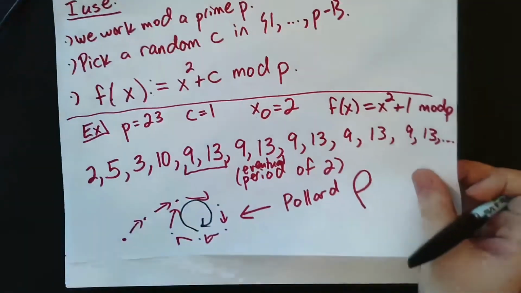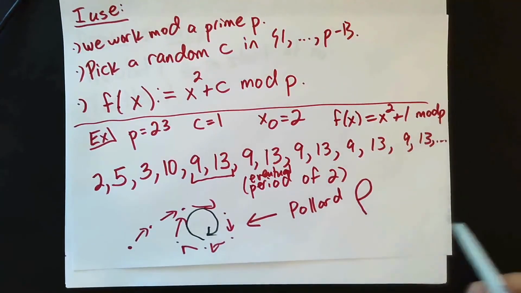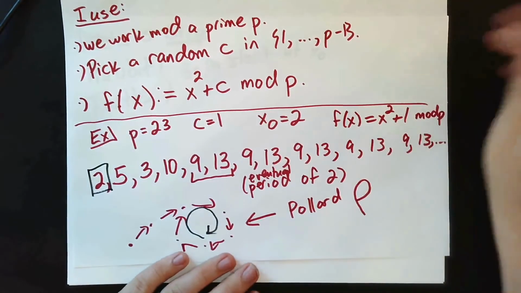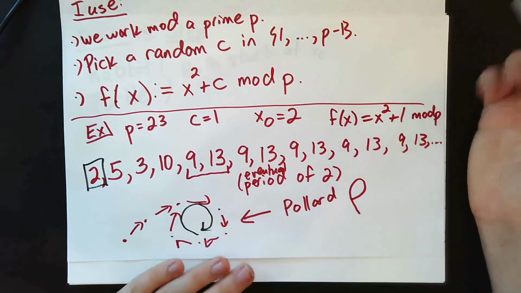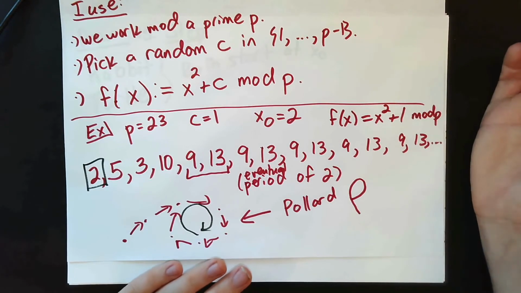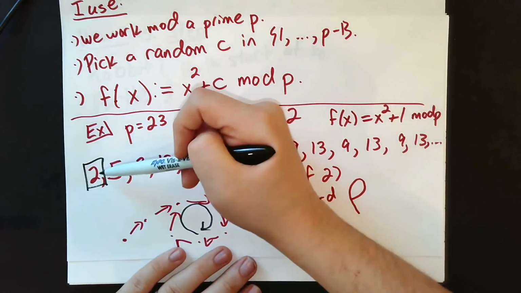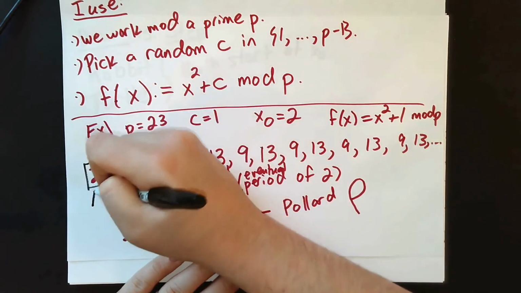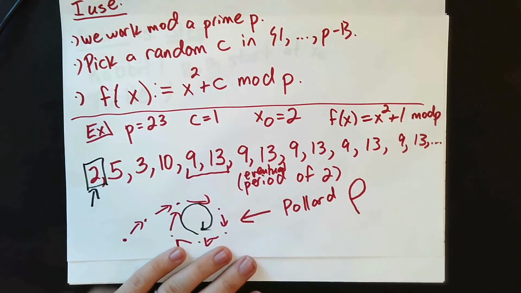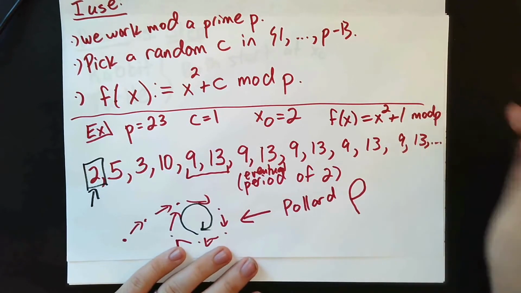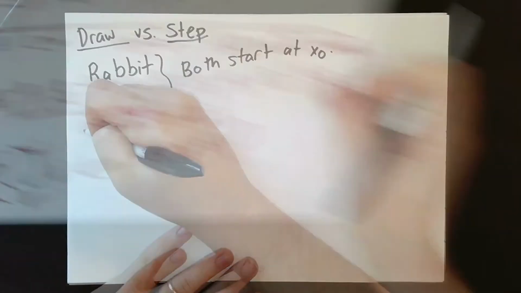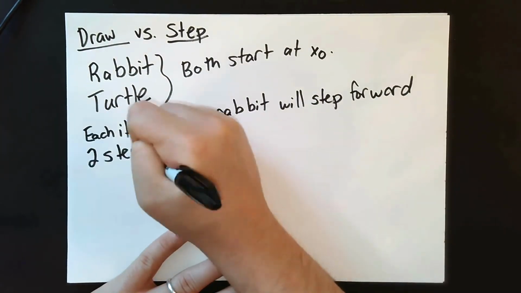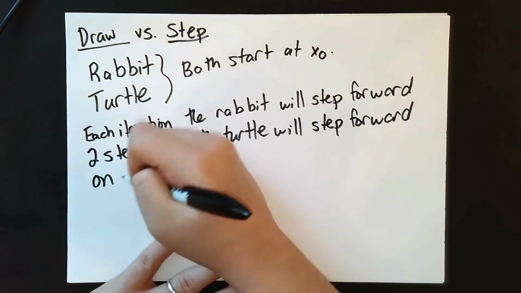In other words, on this infinite path that's laid out before us, both of them start at the beginning. Now, note, that's not actually a collision, even though the turtle and the rabbit are both looking at the same number, because they're looking at literally the same place in my path. But what I'm going to do here is have the rabbit take 2 steps forward, and the turtle take 1 step forward.